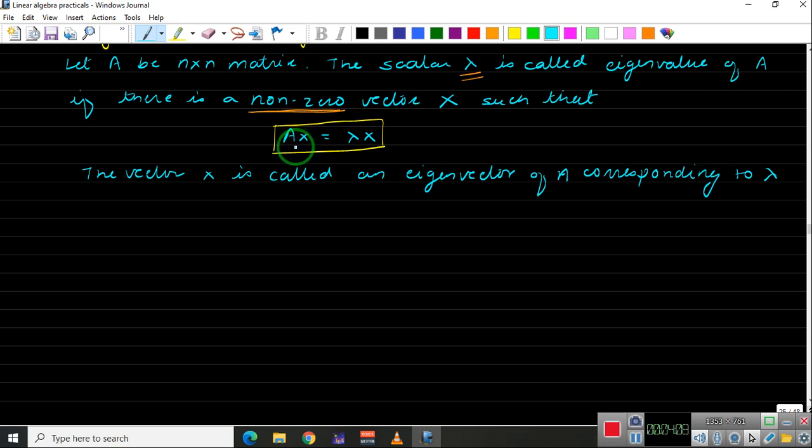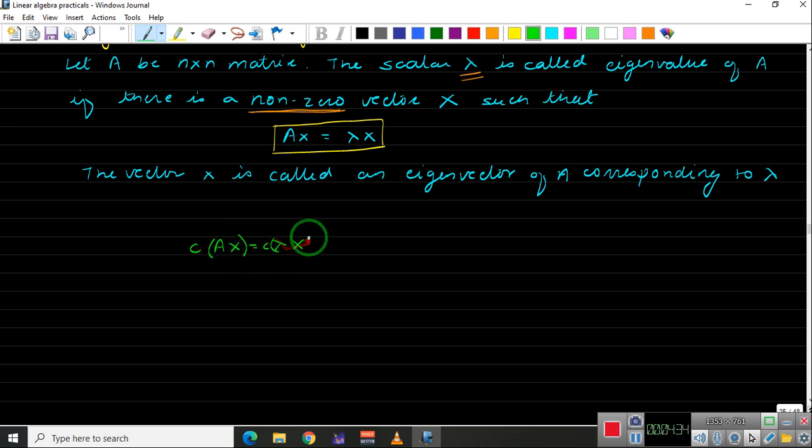So a scalar multiple of an eigenvector again is an eigenvector for the same eigenvalue lambda. What I mean to say is, if lambda is the eigenvalue and x is the eigenvector, then we have the equation Ax equals lambda x. To this equation I will multiply some scalar, say c, which is non-zero.